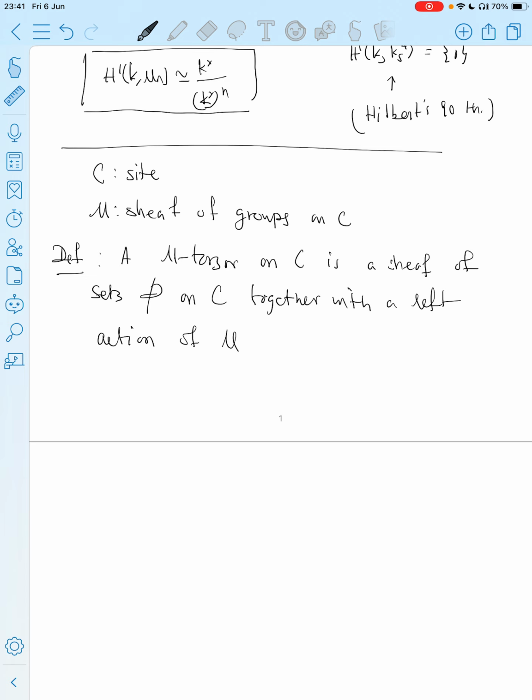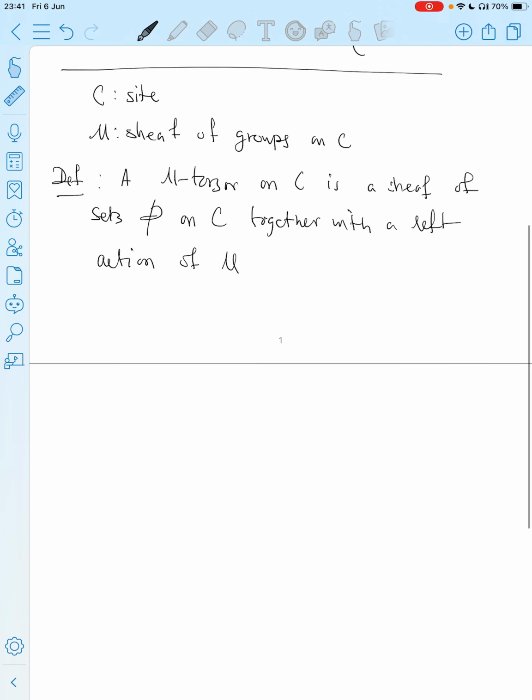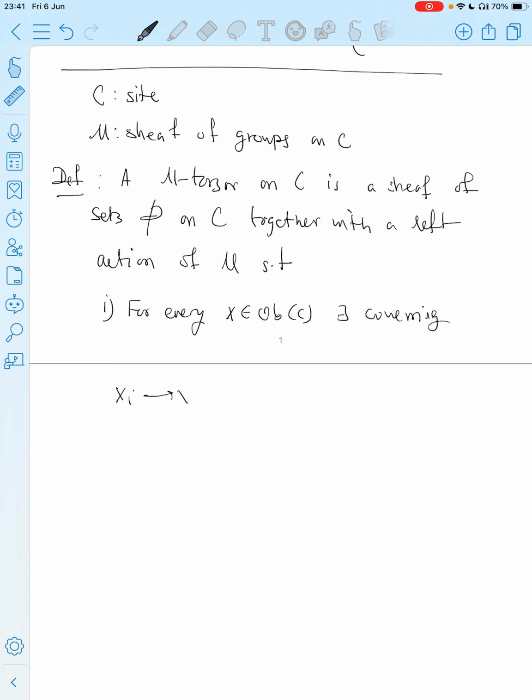so the first thing says that sections exist locally, meaning that for every object in the site C, there exists a cover for which the sections over this cover are non-empty.